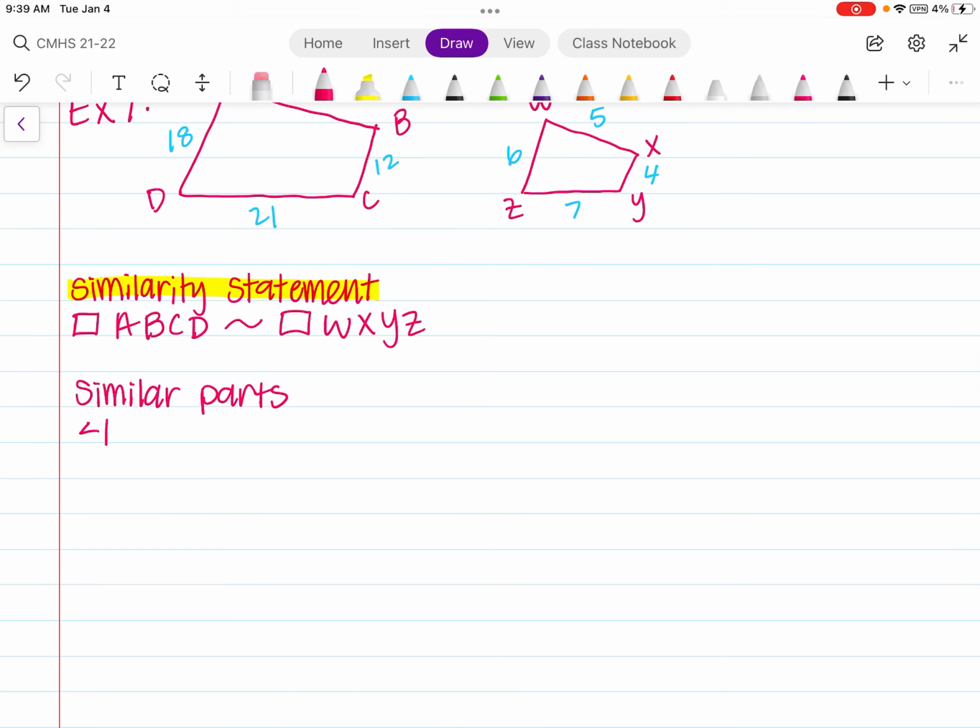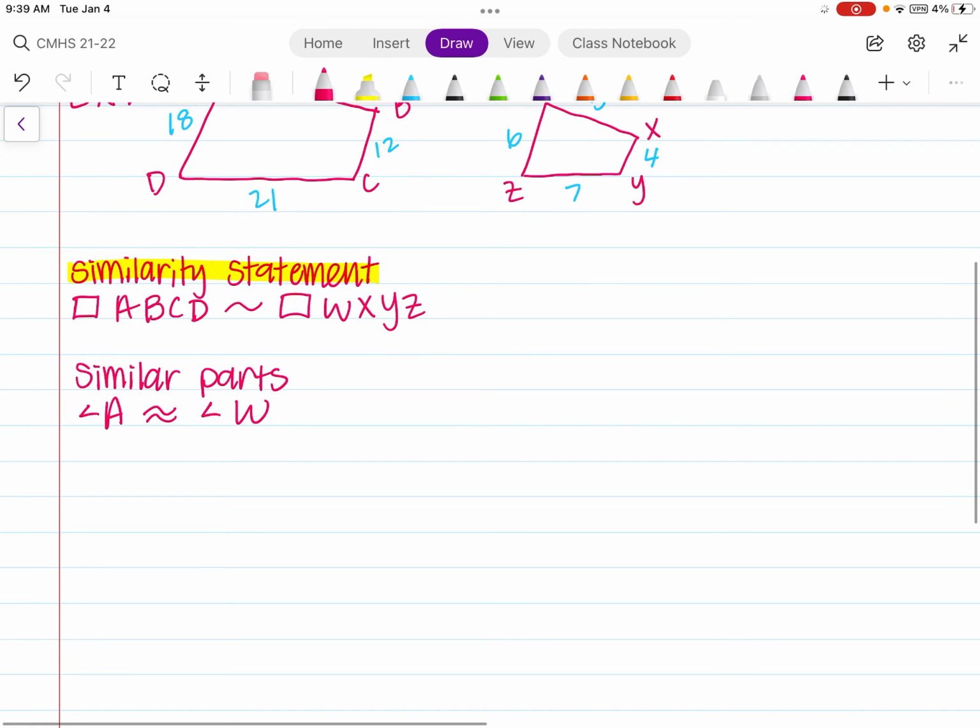So angle A is similar to angle W. We're just going to break it down each individual one. The directions in the book, I think, say list all pairs of congruent angles. I guess they're congruent, so we'll mark a little thing underneath, because angles stay the same no matter what size they are.